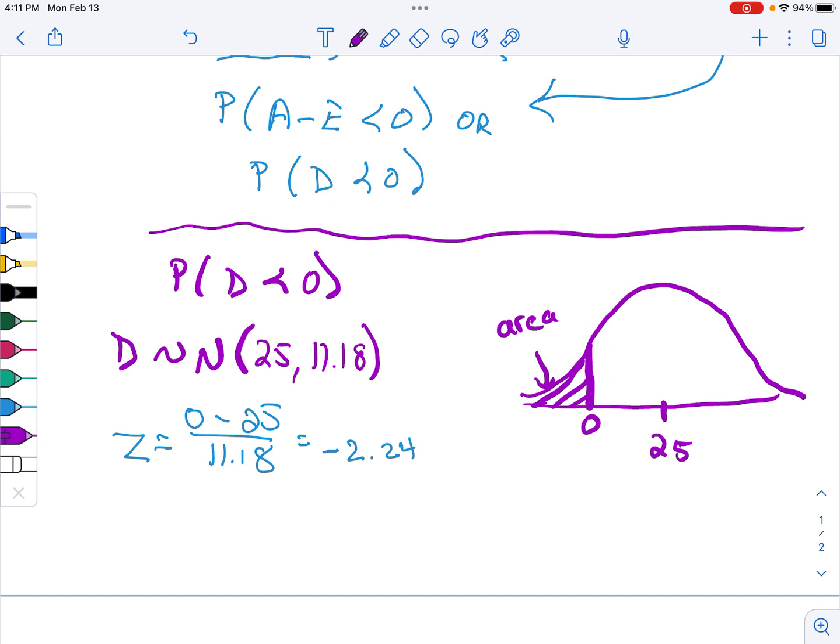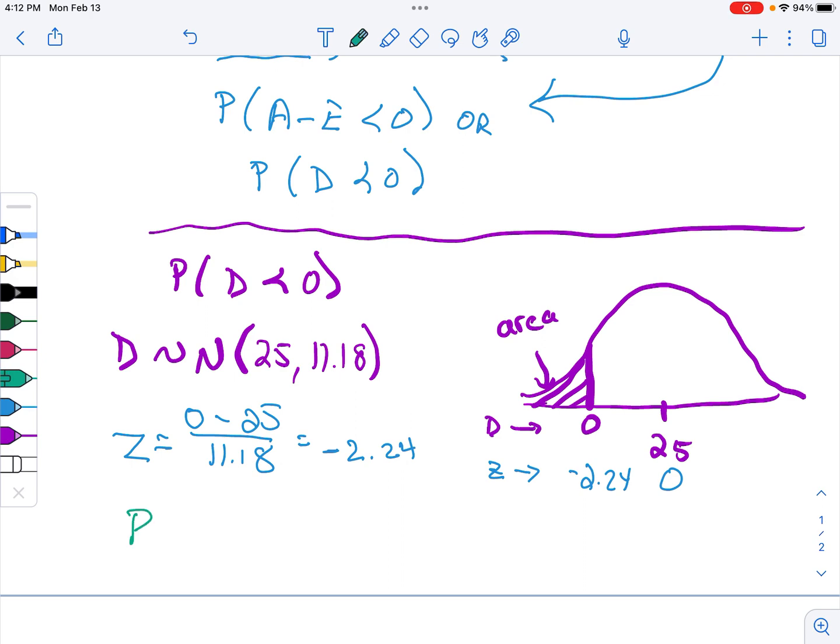So here were the values for D, and if you want, you can put your Z values right under here. This is negative 2.24, and our mean is 0. Now you know that if this is negative 2.24, then this is going to be a very small probability.